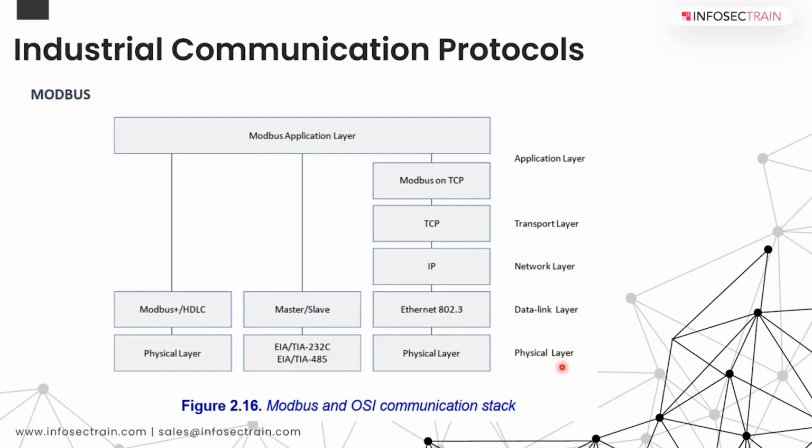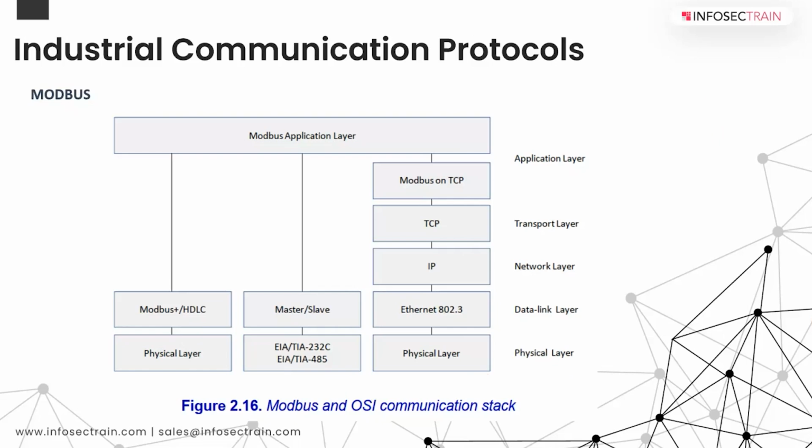So Modbus is one of the oldest industrial control protocols that was developed by Modicon, and over time it was made open. It grew considerably, especially the serial type communication used in the 1980s to 1990s.